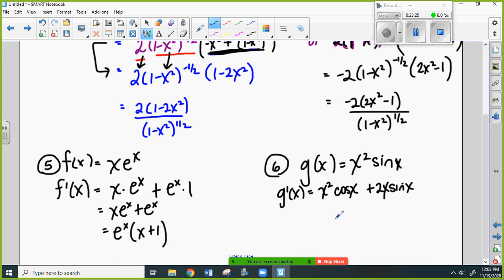Now, I guess if you wanted to factor out an x, you technically could, but you don't need to. You will when we get into the solving portions. You will have to be able to factor everything. But for the ones that are nice polynomials like this, if you leave it unfactored, that's not a big deal.